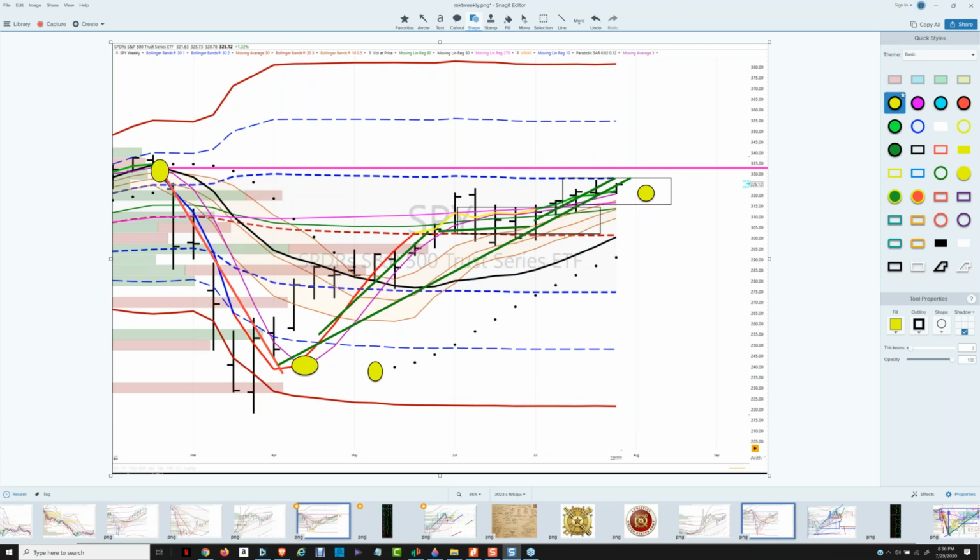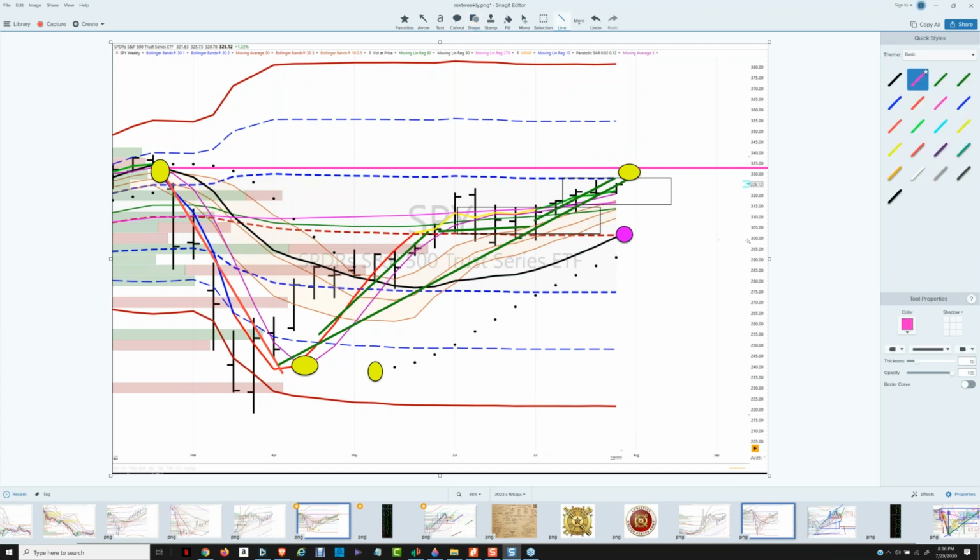But we're real close now to this, and now the Bollinger Band mean back here just has my attention at the key price level of 300. So I think we have a trading range in here still.